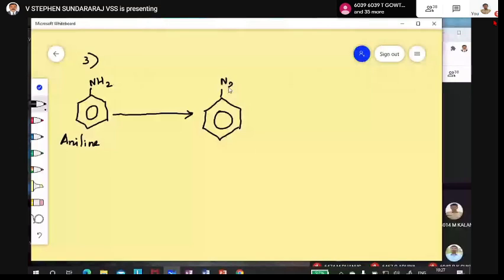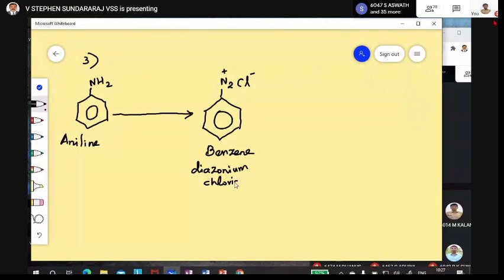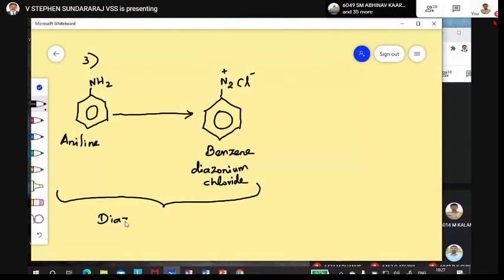N2 plus Cl minus. Okay, so this is benzene diazonium chloride. So this first step from here to here is called diazotization reaction. I told you in this chapter only it is equivalent to a name reaction.